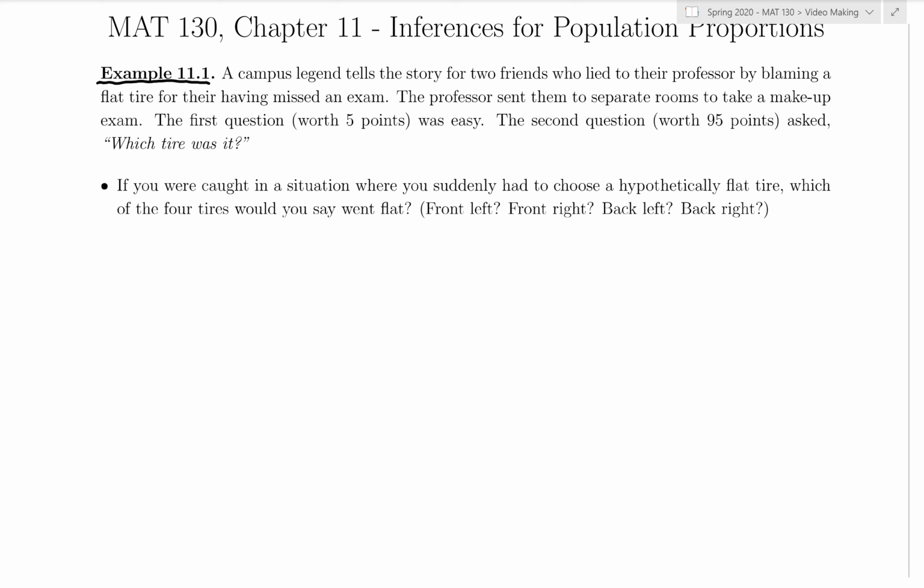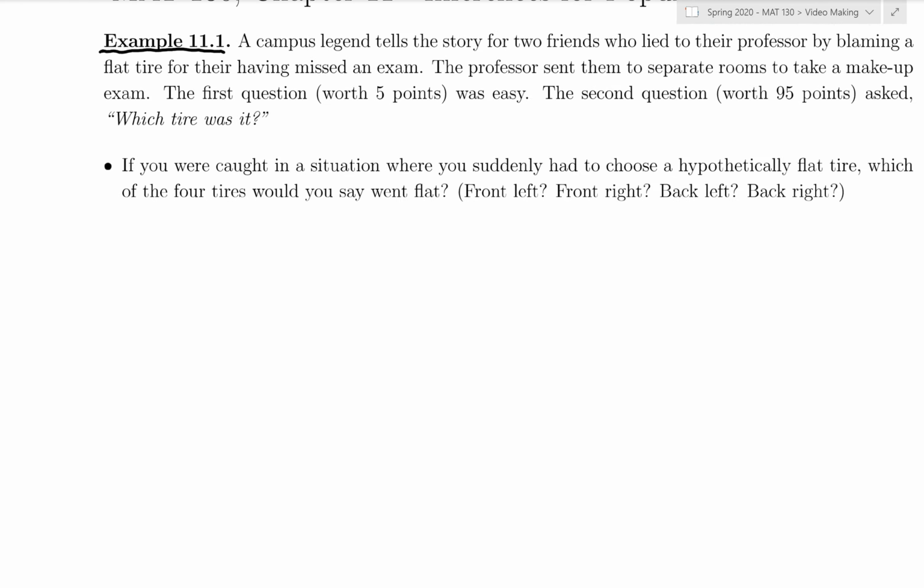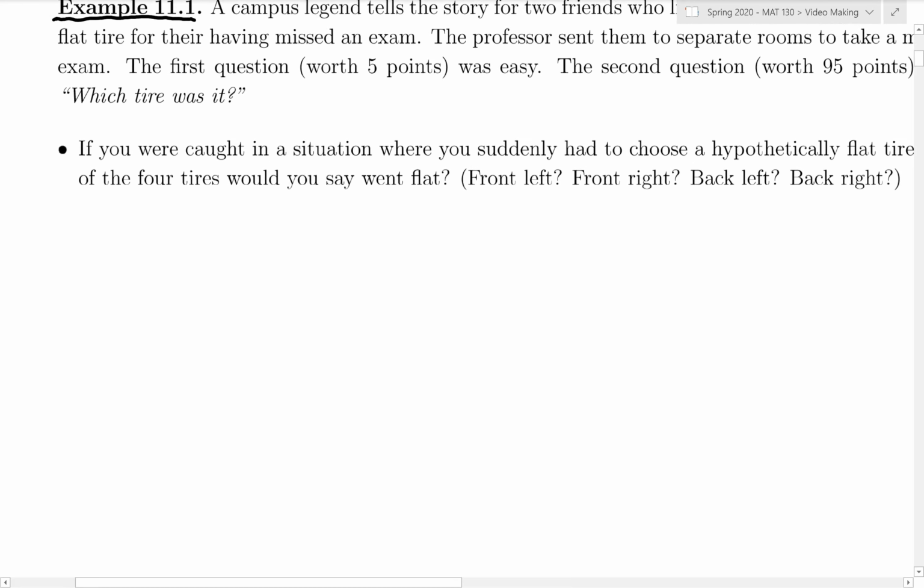But it was speculated that people would pick the front right tire more often. When I did this survey previously, we found that 47 of the possible 118 said front right tire. What we are going to do is make inferences based on this information.